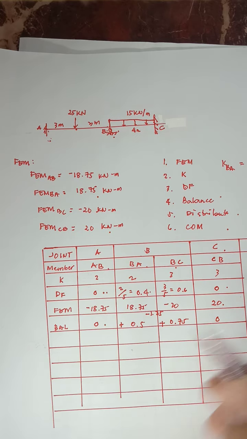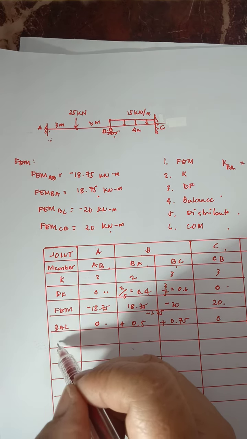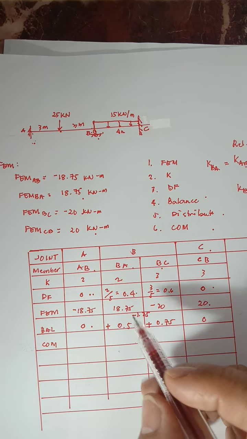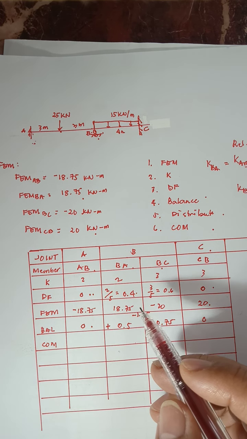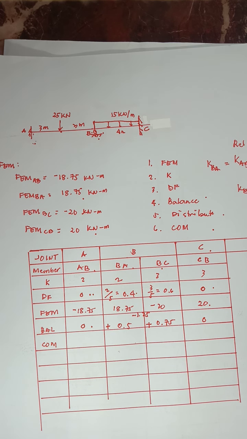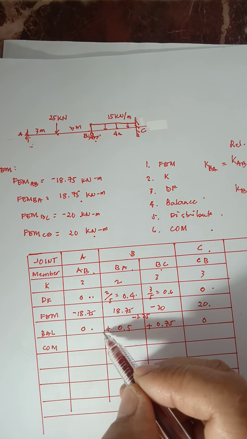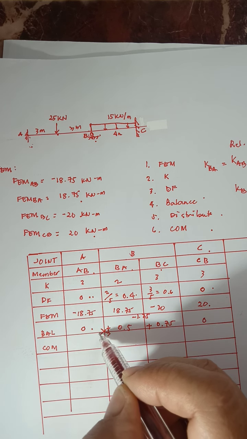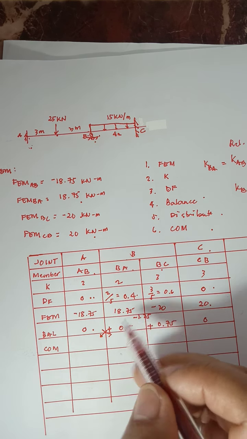Okay, so after balancing, we carry over moments. From the derivation, if there is a moment at one end, it is carried over to the other end in the same direction but with 1/2 the value. So AB gives to BA and BA gives to AB. What is 1/2 of 0.5?